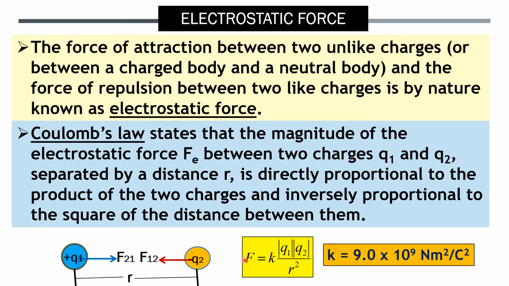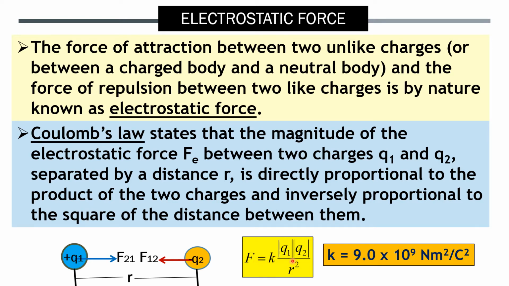It goes something like F is equal to a constant K multiplied by the absolute value of Q1 and Q2. So we are only concerned with the absolute value, whether or not the charges have their signs specified.